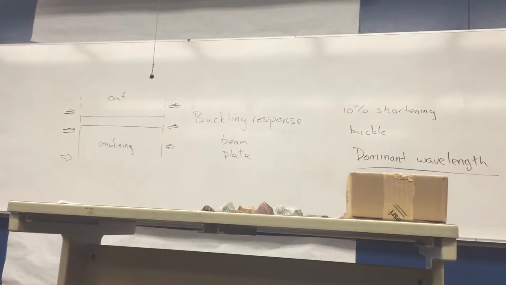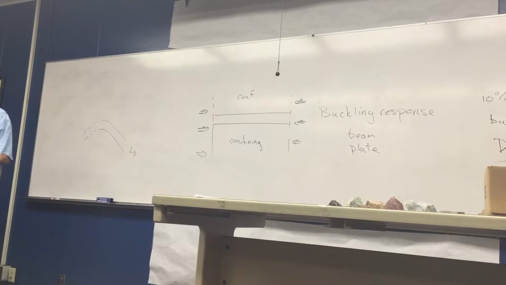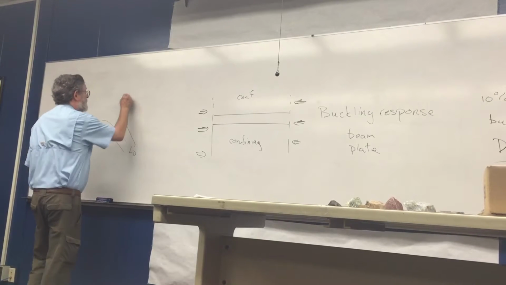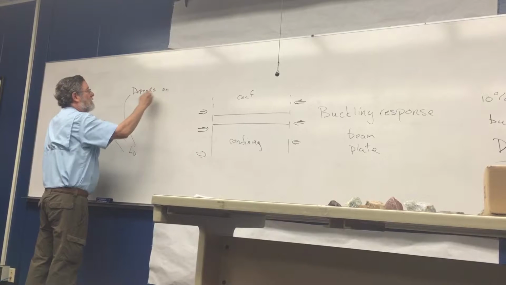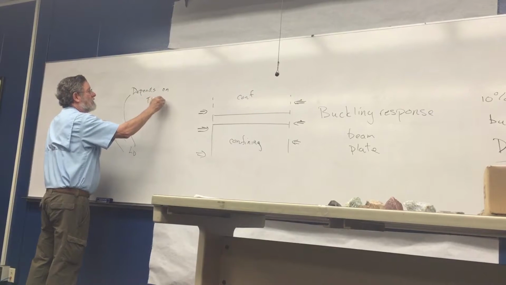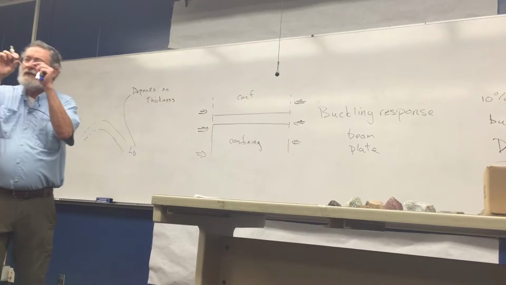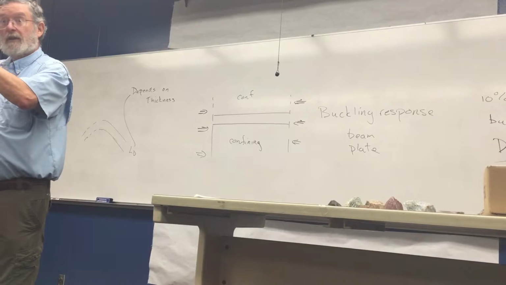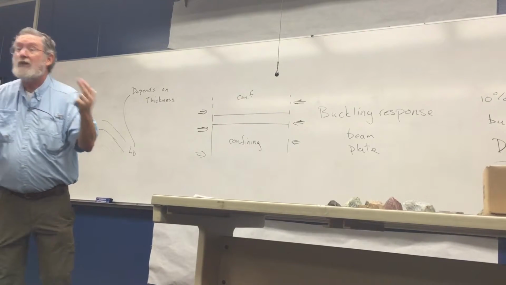And the wavelength of that is termed LD, dominant wavelength in the system. That is going to depend on several factors. Thickness. And that makes sense. If it's a really thin layer, the dominant wavelength will be relatively short. If it's a really thick layer, well, the dominant wavelength will be relatively long.